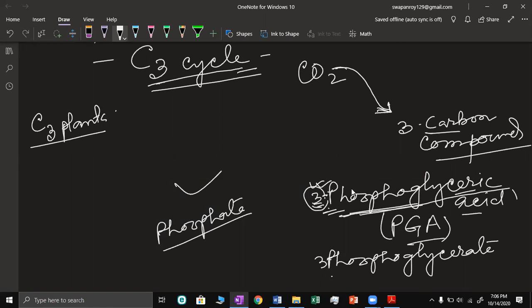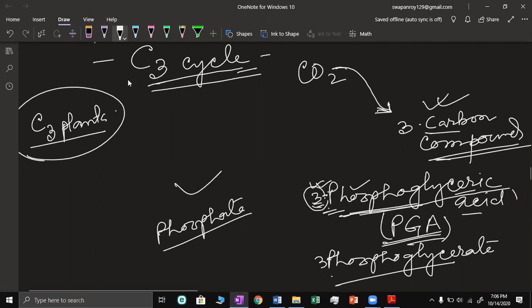You can also simply write phosphoglyceric acid or phosphoglycerate. As the first stable compound is a 3 carbon compound, this cycle is also known as the C3 cycle, and the C3 cycle is the basic process for the reduction of carbon dioxide to produce carbohydrate.